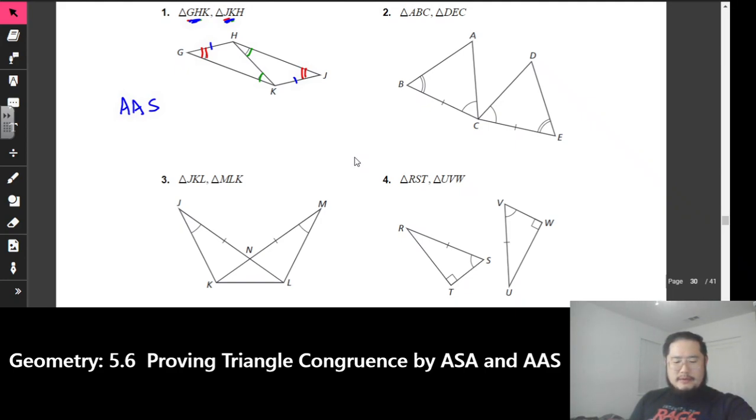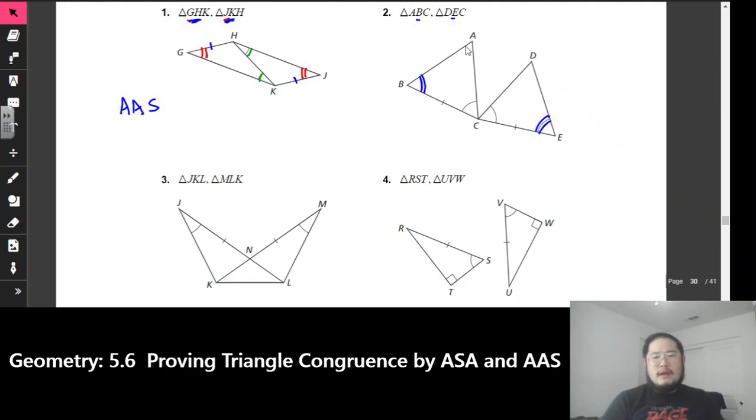Let's go next up to number 2. We have triangle ABC, see if it's congruent to triangle DEC. So let's see, we have angle B and angle E. Hey, those are congruent. They may not be on the same side, right? Angle B is on the left, angle E is on the right side of this triangle, but it's okay because they are both congruent according to the order in which the triangles are written in the statement.